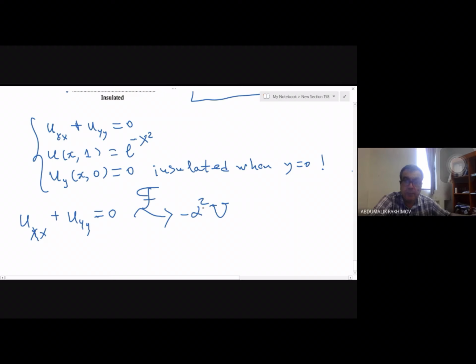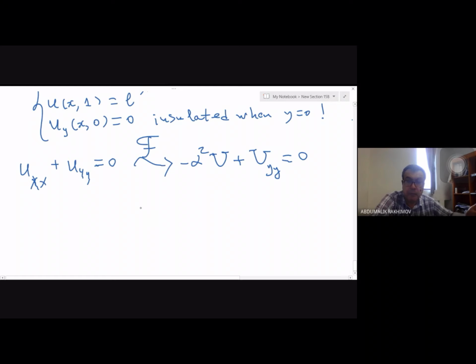The result is minus alpha squared u plus the transformation of u_yy. The transformation has nothing to do with y, so no changes: u_yy is equal to 0. Transformation of 0 is 0. Now the new equation for the image function is u_yy minus alpha squared u is equal to 0. This is exactly equation 1.8 in lecture number 1.